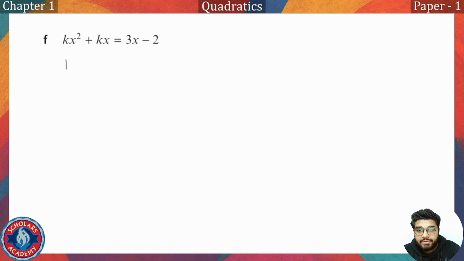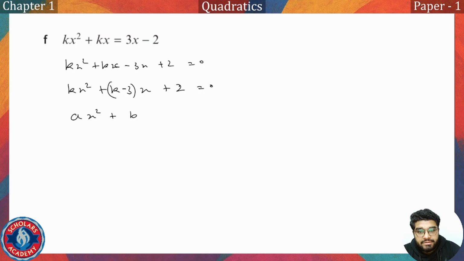Okay, let's simplify it. We get kx² + kx − 3x + 2 = 0. If we simplify it a bit, kx² + (k − 3)x + 2 = 0. If I compare it with the general equation ax² + bx + c = 0, what I get is a = k, b = k − 3, c = 2, right?